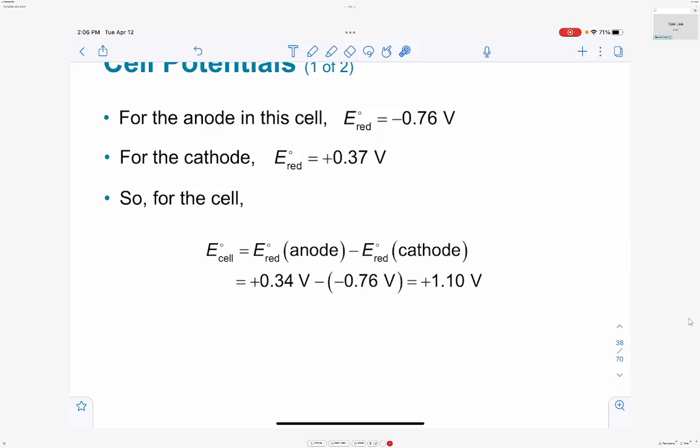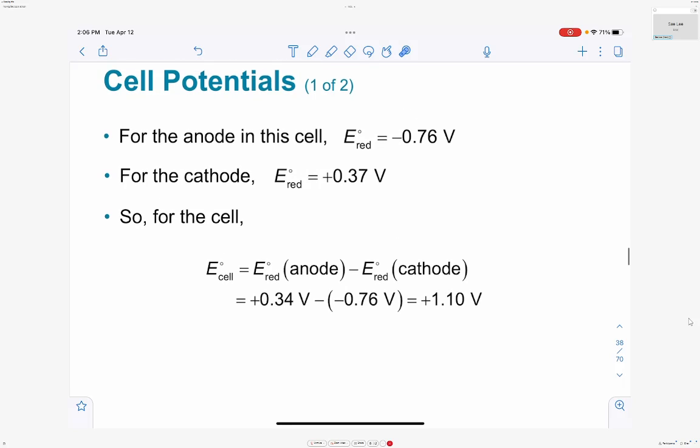Okay, so if we were to use the standard cell potential equation to find the cell potential of a copper and zinc voltaic cell, according to table 20.1, the reduction potential of copper is positive 0.34 volt, and the reduction potential of zinc is negative 0.76 volt.